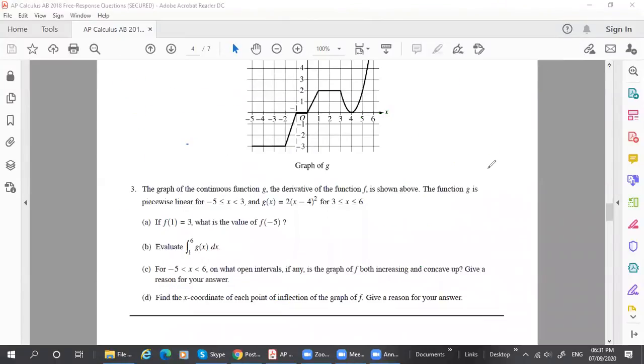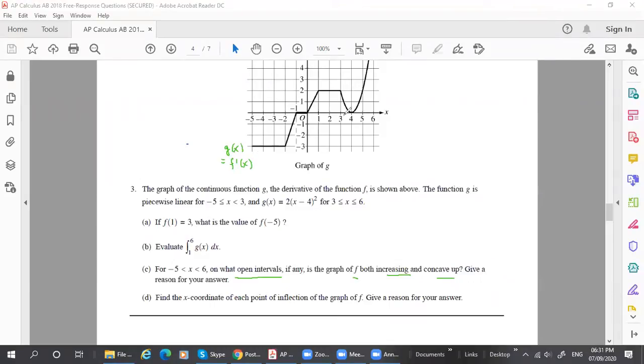For part C here, for x in between -5 and 6, you are asked to find open intervals where the graph is both increasing and concave up. Now the graph given to you is the graph of g(x), which is the derivative of f(x).